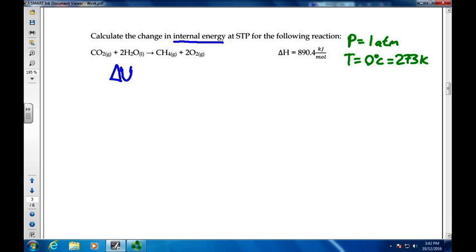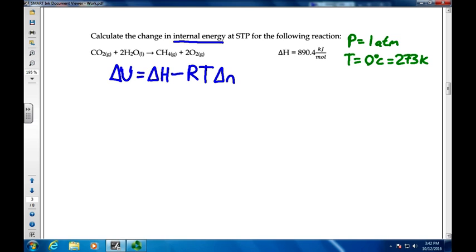And we have an equation to calculate our internal energy. That equation is delta H, which is enthalpy, minus R, which is the gas constant, times T, temperature, times delta N, which is the change in moles.